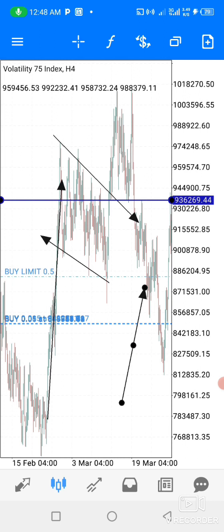If it doesn't break out and continue going to, let's say, 1.50 million, it will reverse, and that reversal will be a bear market. A market like Volatility 75, or synthetic markets, cannot go in one direction for a month.